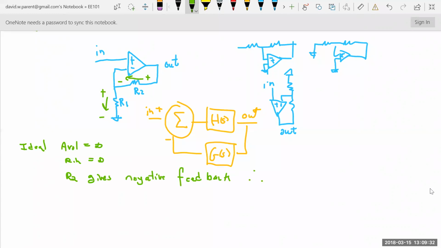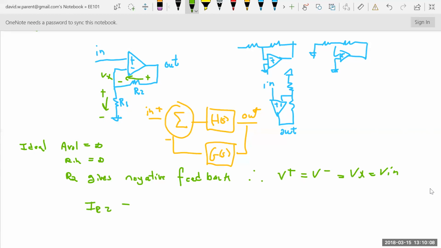Thus, V plus equals V minus equals Vx equals Vn. So actually, Vn is right here, which will make it a little bit easier. So now that's an input. That's an output behavioral source. So really, there's one node that is unknown. That means we need to write one nodal equation.